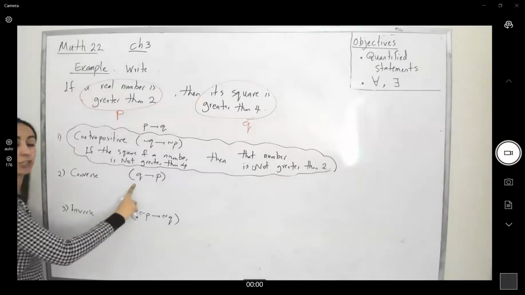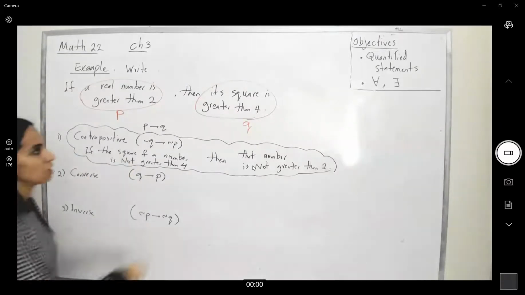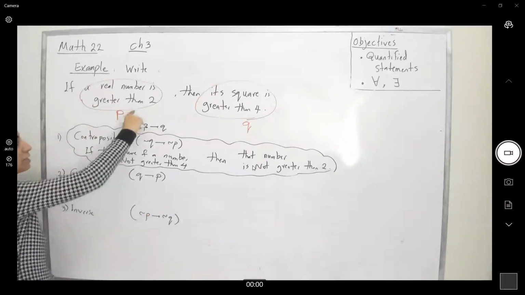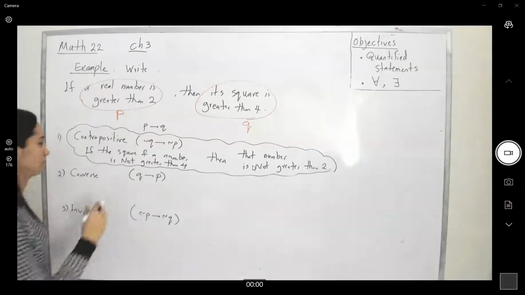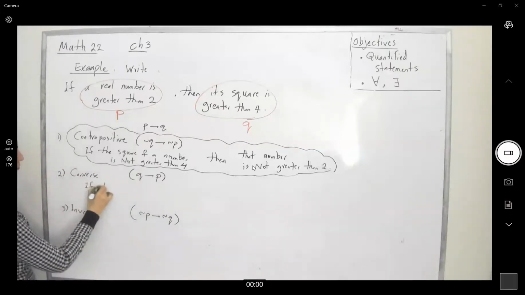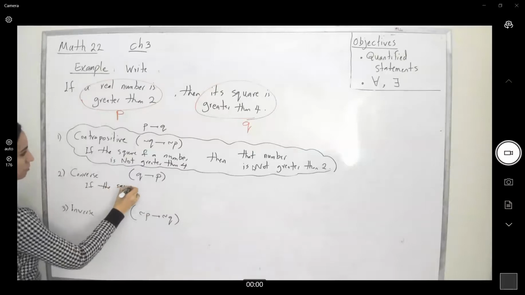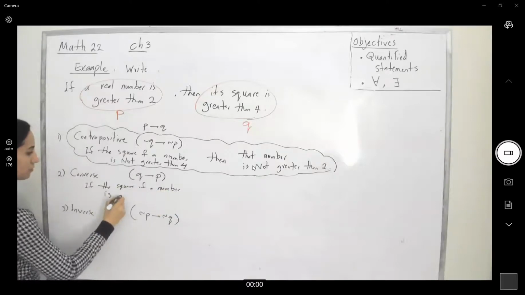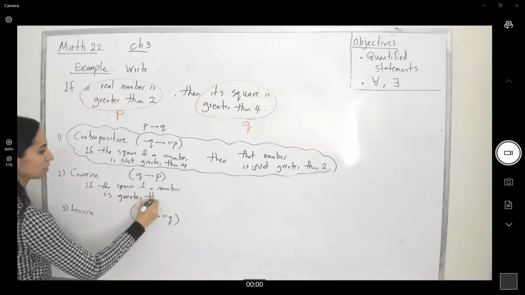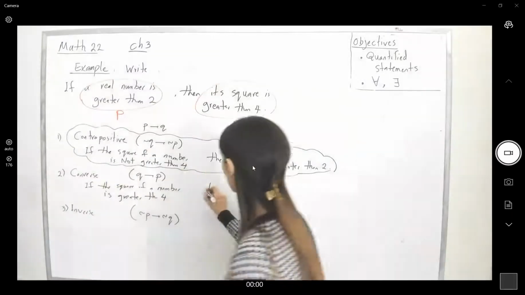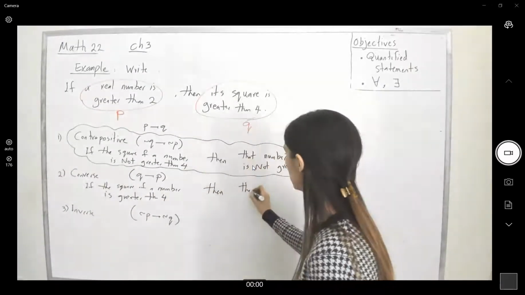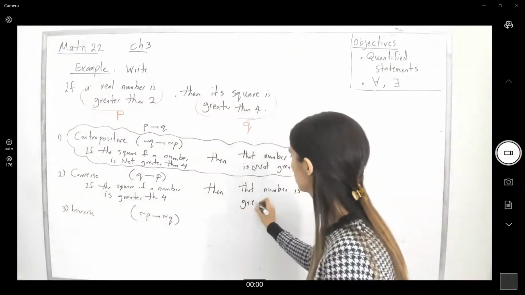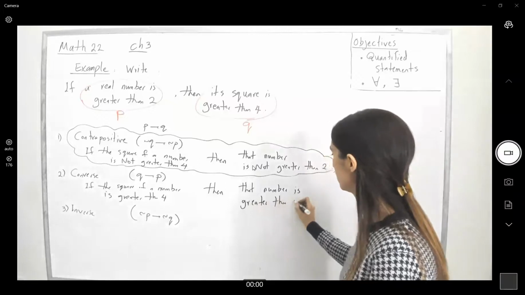Converse, Q then P. If the square of a number is greater than 4, then that number is greater than 2.